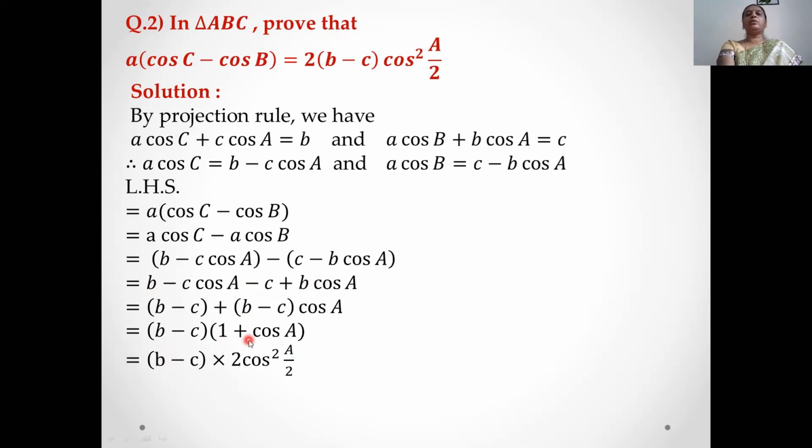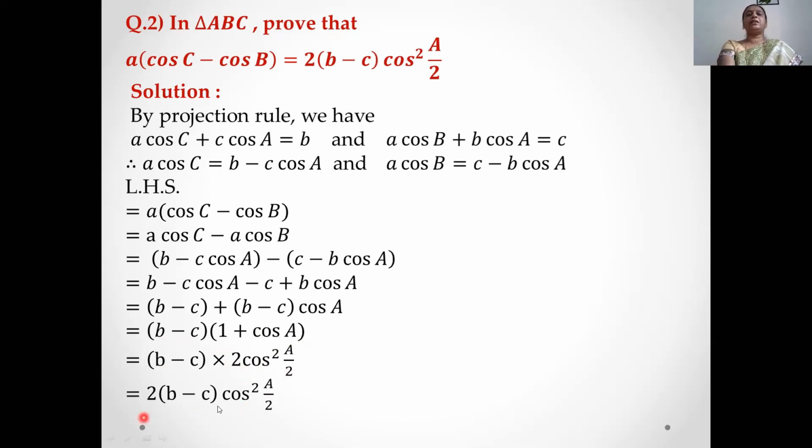Then use the formula from the trigonometry which we have learned in our 11th standard. 1 + cos A is nothing but 2 cos²(A/2). Therefore, keep the value of this 1 + cos A. In the next step, we will get in the first bracket (b − c) into 2 times cos²(A/2).